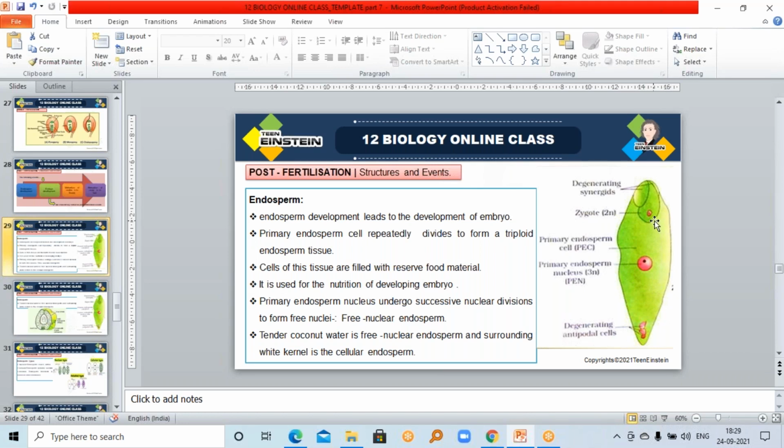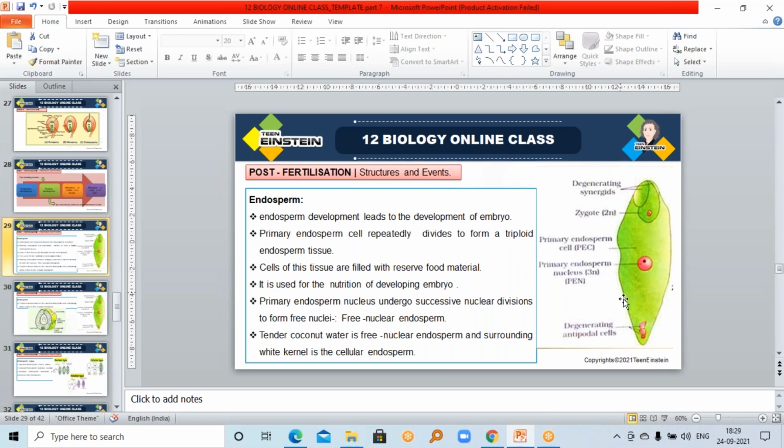So the endosperm develops from the central cell. Here the nucleus of the central cell, that is the primary endosperm nucleus, is in triploid condition, right? So the endosperm develops from the central cell of the embryo sac. From this large central cell only, the endosperm is developing. So it is a triploid tissue. We have already told it's a product of triple fusion.